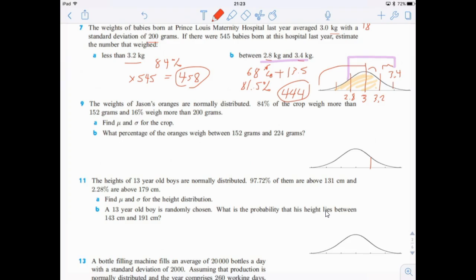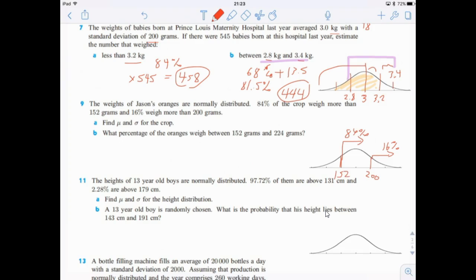So 16% weighed more than 200. And 84% corresponds to everything except for this 16%. So like this part corresponds to 84%. Weighed more than 152.